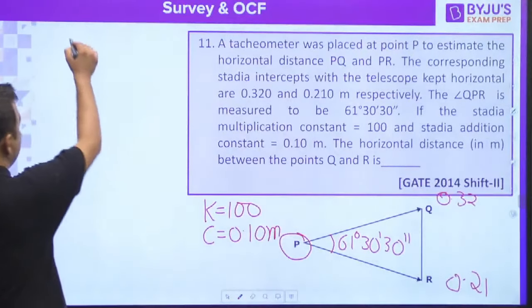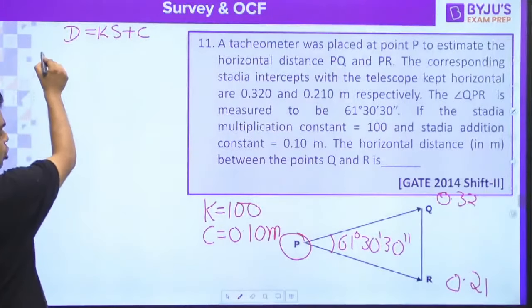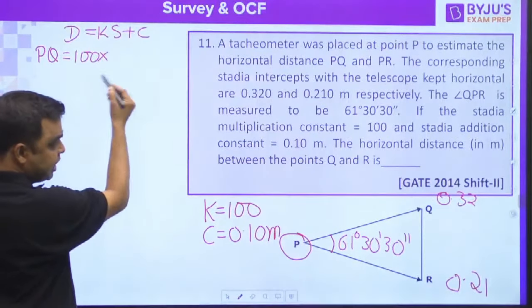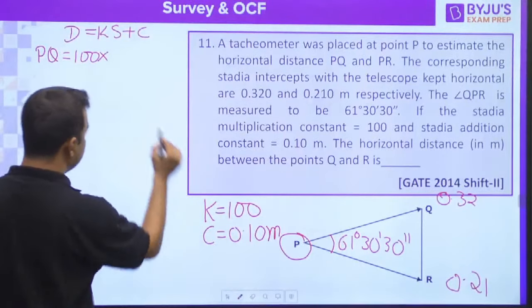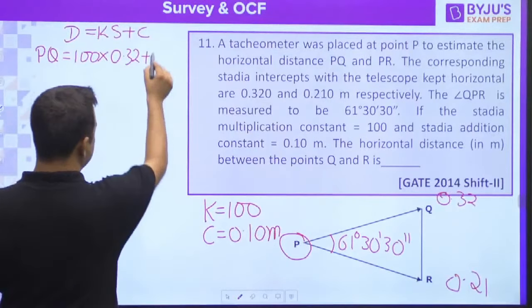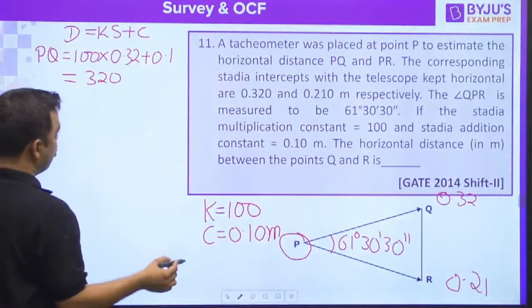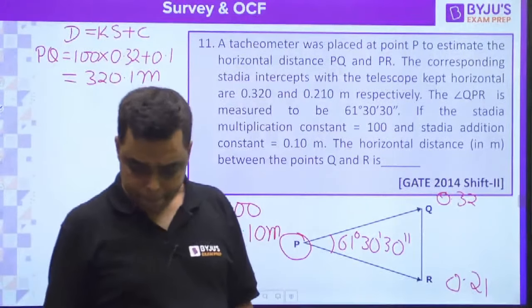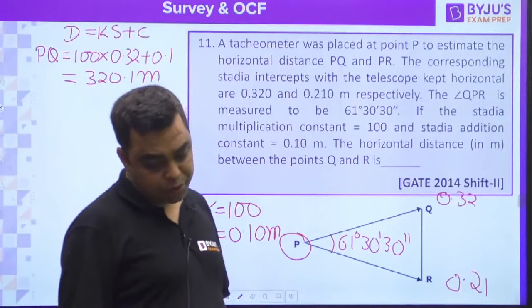So what will be the equation? D is equal to Ks plus C. So PQ will be equal to 100 into S, that is 0.32, plus 0.1. So it will be 32.1 meter.